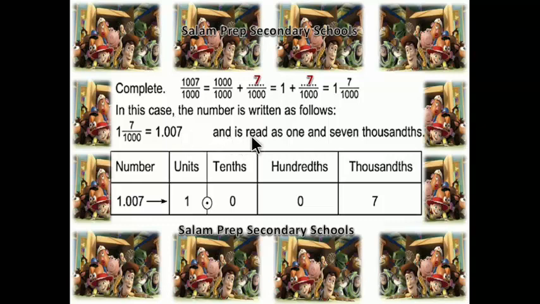And is read as 1 and 7 thousandths. The number 1 and 7 thousandths can be written as 1 in units, 0 in tenths, 0 in hundredths, 7 in thousandths.